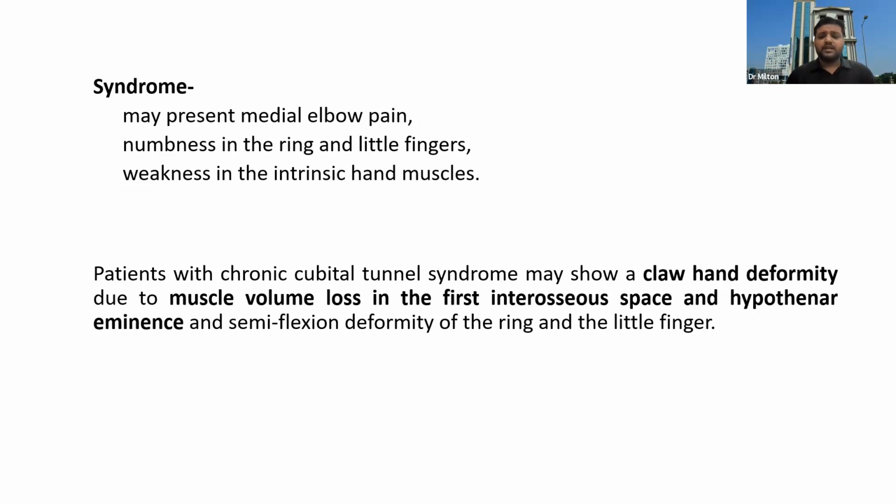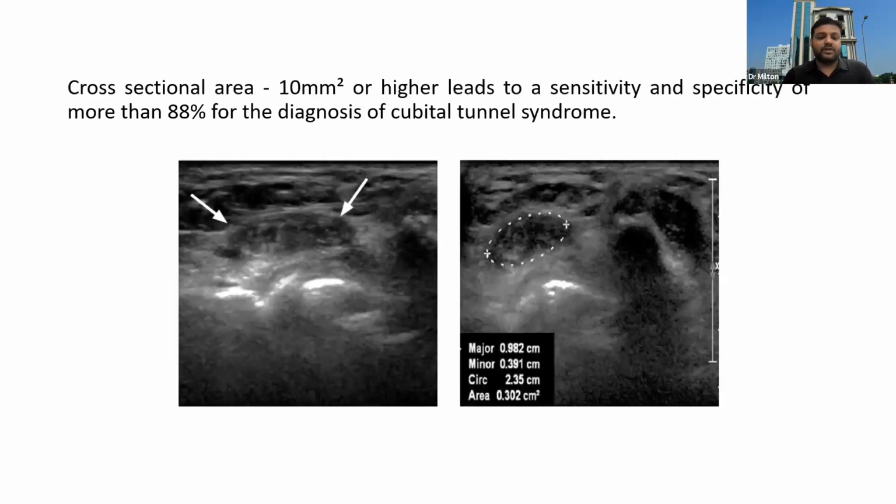We know that it may develop claw hand deformity, and the first dorsal interosseous and hypothenar muscles are innervated by the ulnar nerve. So if it is affected long term, the claw hand may develop.